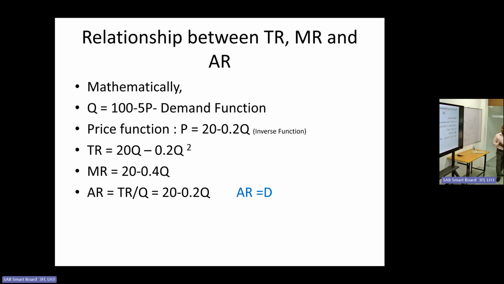So the average revenue equals the price, and the demand curve also, and marginal revenue is the steeper line.